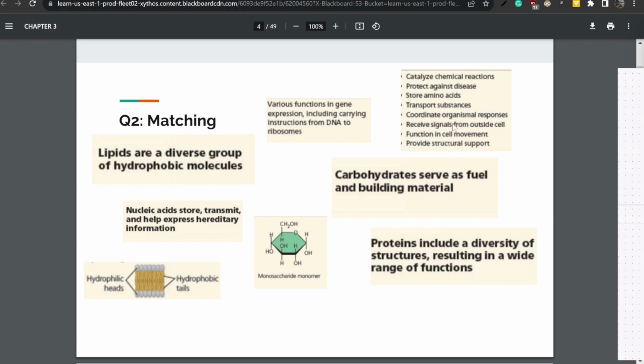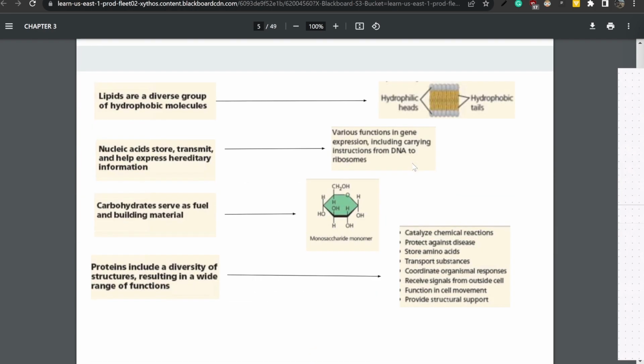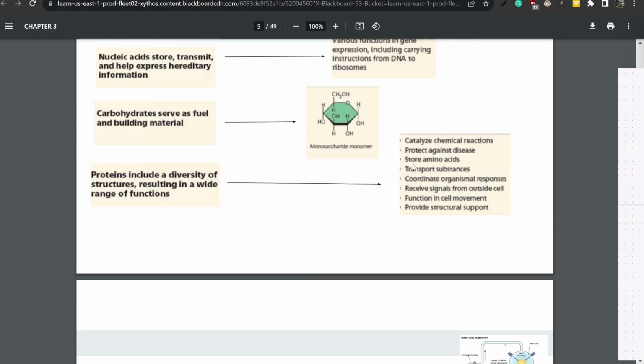This looks like a protein. Lipid. Nucleic acid, carbohydrates, proteins. Oh, these are the groups, and then we match them. Oh, gotcha. So this is for lipids, this is for nucleic acid, this is for carbohydrate. Okay, cool.